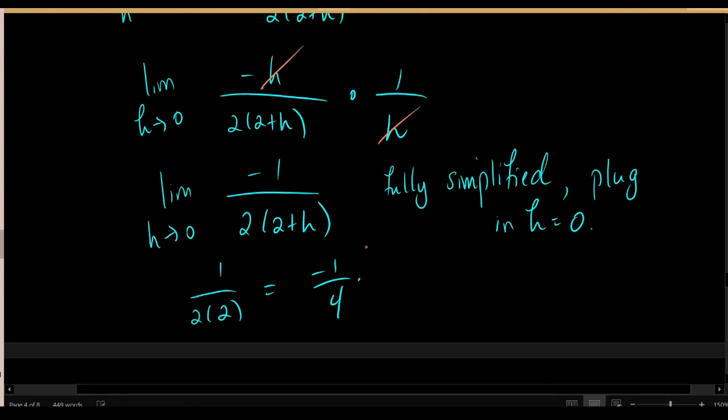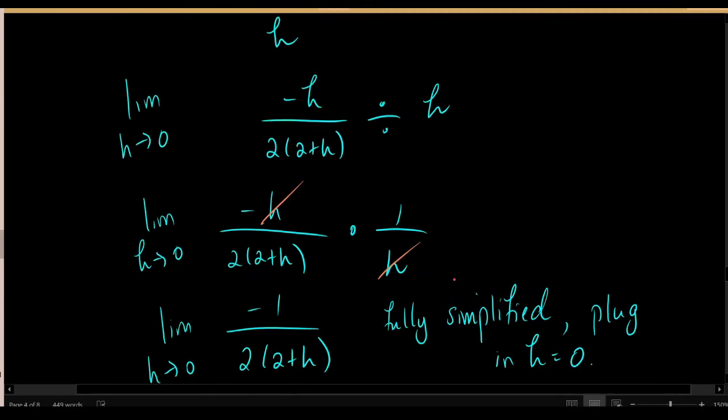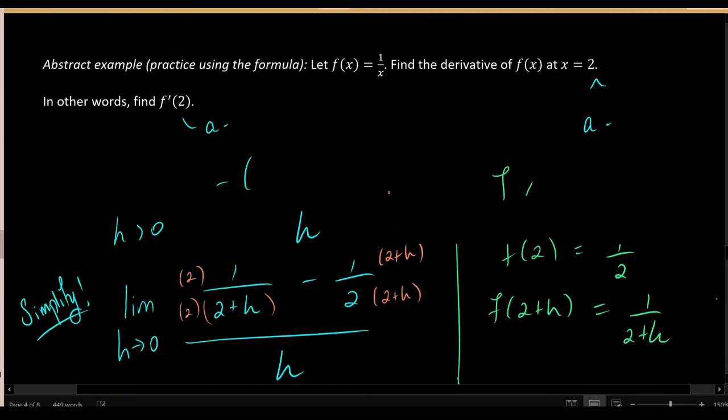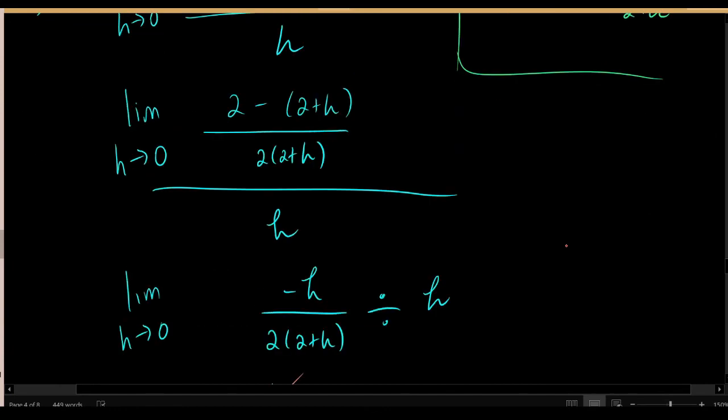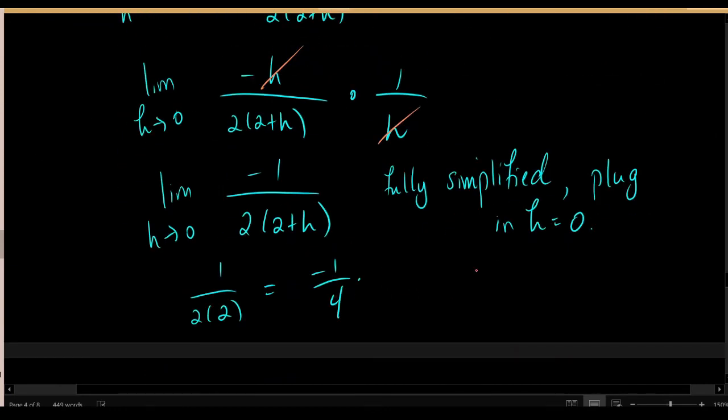This is how we would calculate the derivative of 1 over x at the point where x equals 2. So if the original function f of x equals 1 over x represented the position of a moving object, then this quantity would represent the velocity of the moving object at time 2.